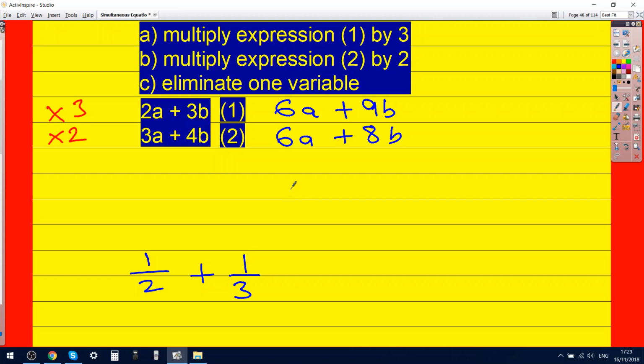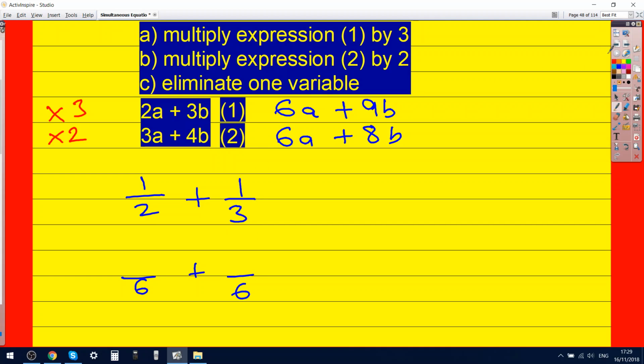So how would you do, let's say, a half plus a third? How would you add two fractions? You find a common denominator, which is 6.